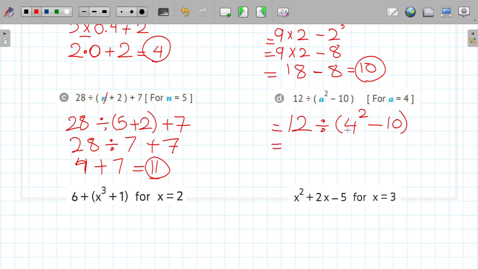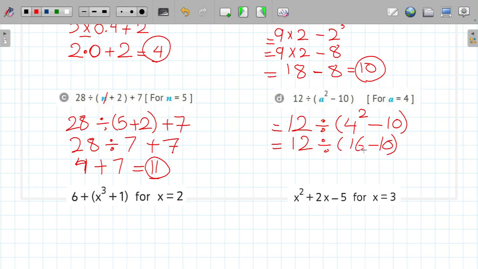Next, I have here division, parentheses, exponent, and subtraction. So I will do what's inside parentheses first, and I have to do the exponent first. So it will be 4 squared equals 16. So it will be 12 divided by 16 minus 10.